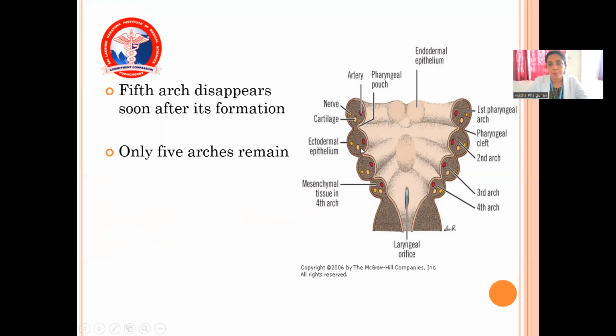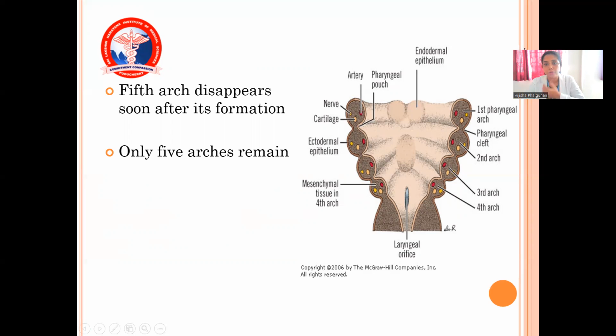See, this is a coronal section which shows the floor of the foregut, the primitive gut. These are the elevations or eminences where your future tongue is going to develop. On either side, you have the sections of the pharyngeal arches.